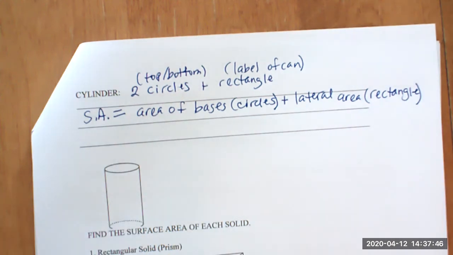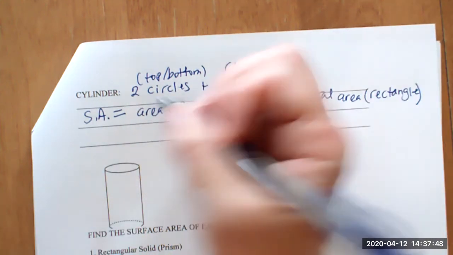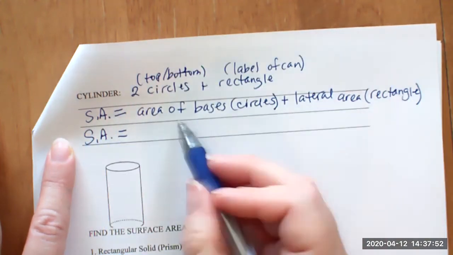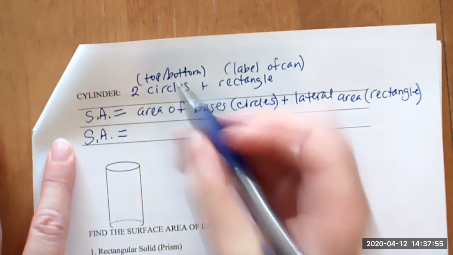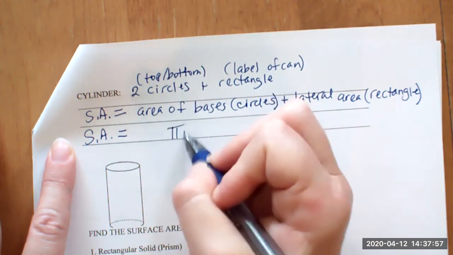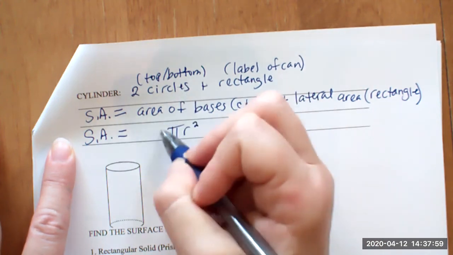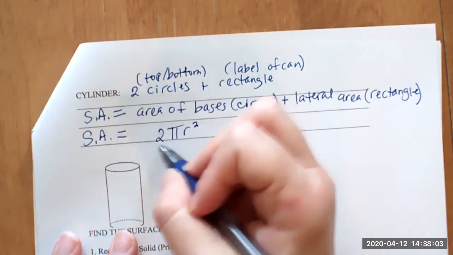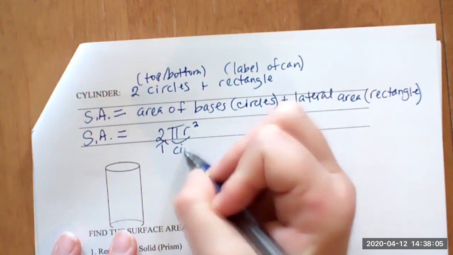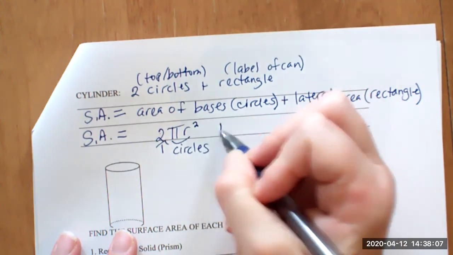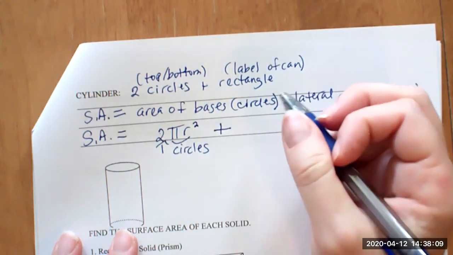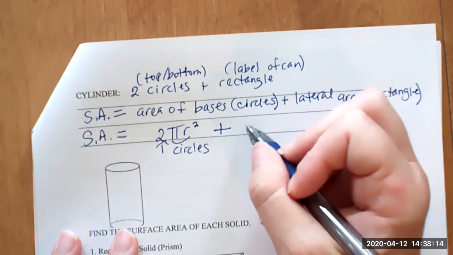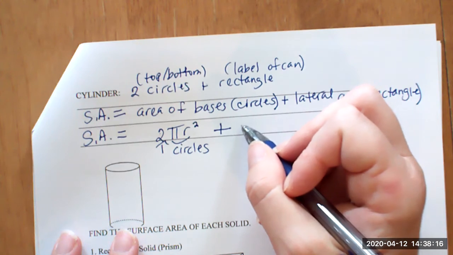As far as a formula, the area of the bases: you have two circles, each circle has an area of pi r squared, but there are two of them, plus we have the area of the rectangle. But remember, the base of the rectangle is the circumference of the circle.